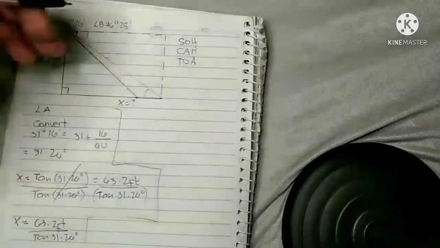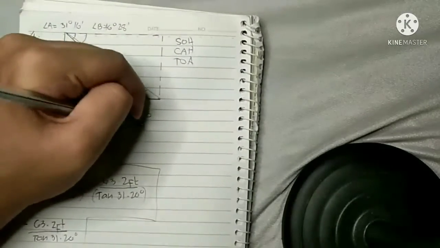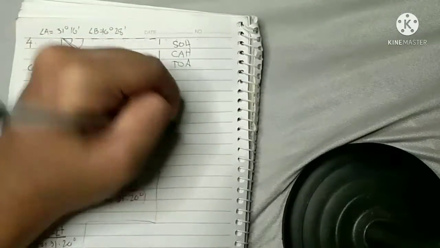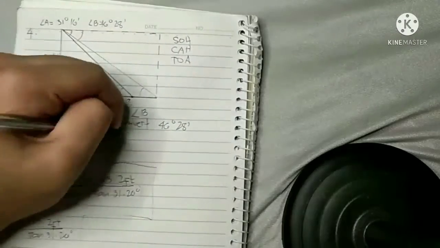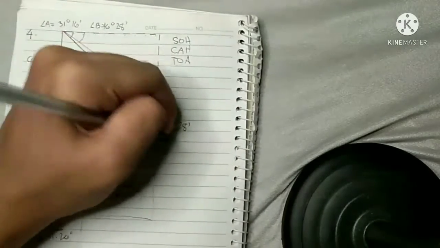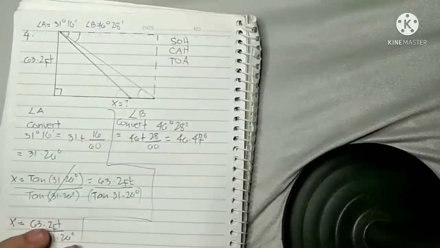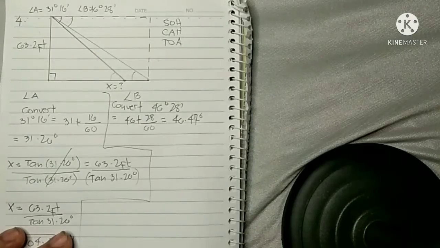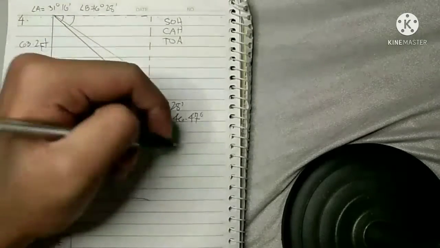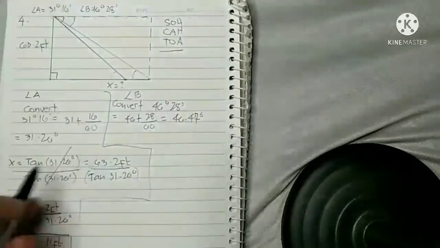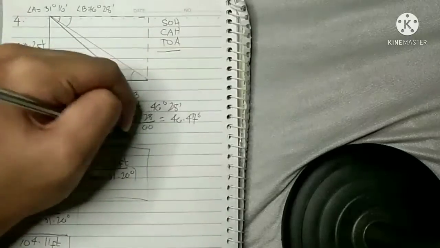To solve for our second adjacent, we need to convert again. So 46 plus 28 over 60. Let's compute that, and we will get 46.47 degrees. Let's use our formula again: tangent theta equals opposite over adjacent.